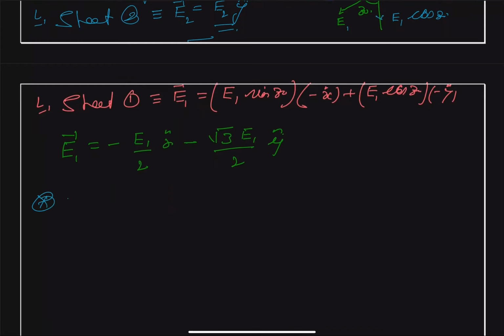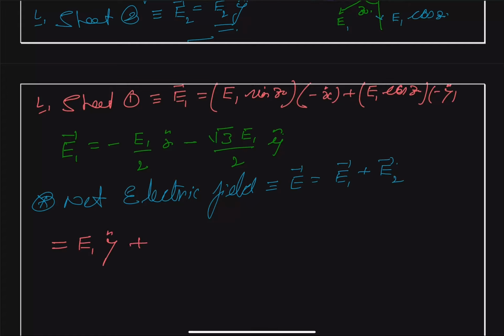Let us suppose that E is equal to E1 plus E2, and our E1 is in the y direction, so this comes as E1 y unit vector, plus E2 is minus E1 by 2 x unit vector minus root 3 by 2 E1 y unit vector.